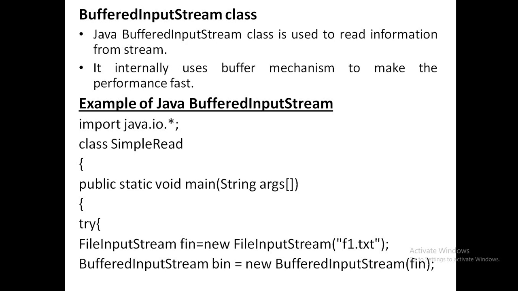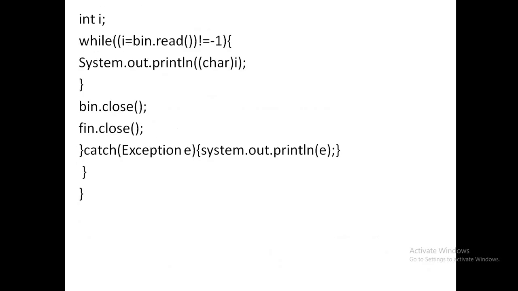With this object of file input stream, file f1 is passed as an argument, and we have taken a variable i, which is assigned the method read with the help of the object of the buffered input stream, and the value, which is in integer form, is checked against -1 in the while condition.